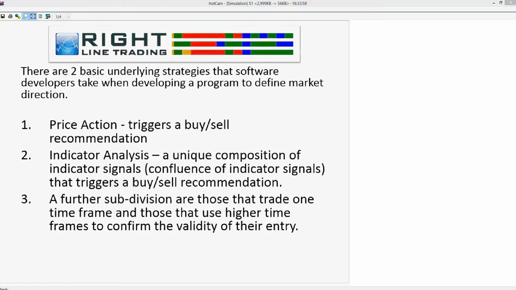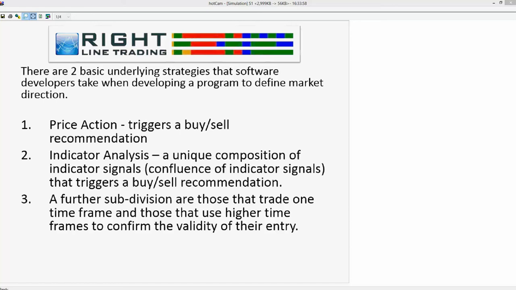Now, first are the price action people. And they believe that based on price action, based on their assessment of candlestick formations and the way the market moves, they can provide you with a buy-sell recommendation that has a positive predictive value significantly high enough to make you a profitable trader.